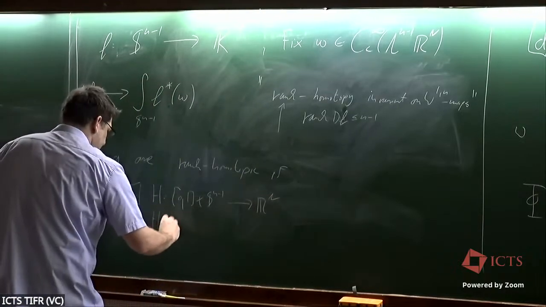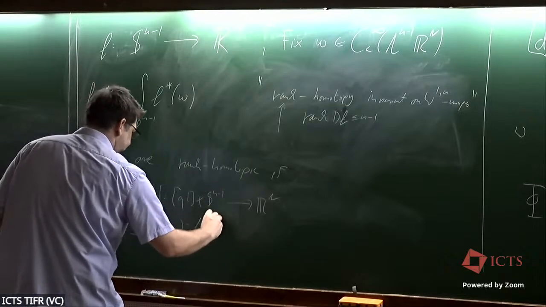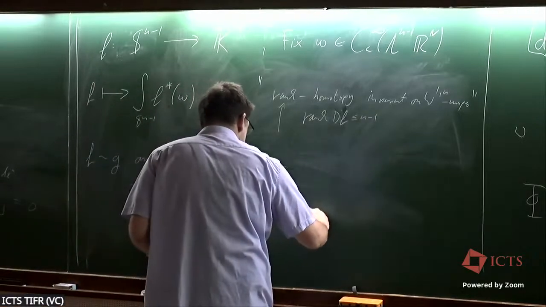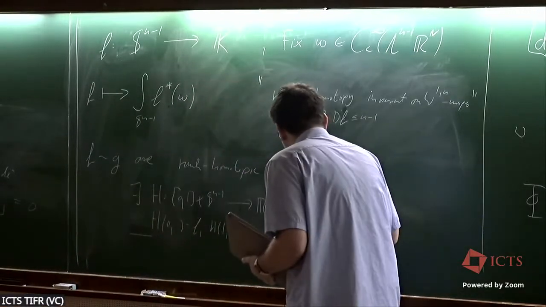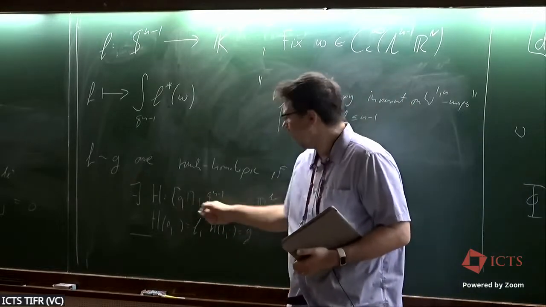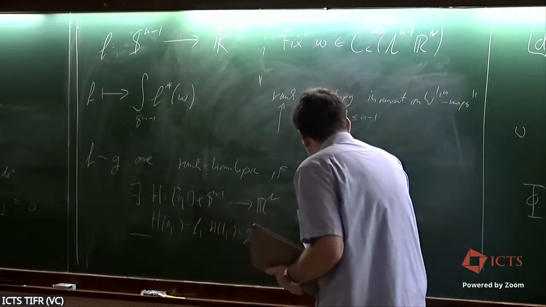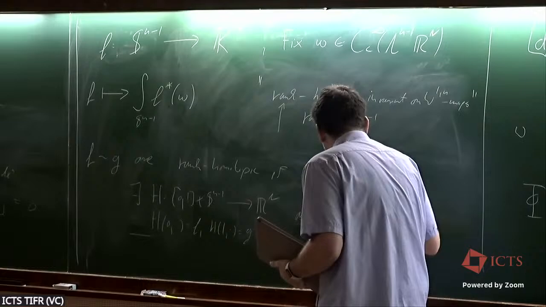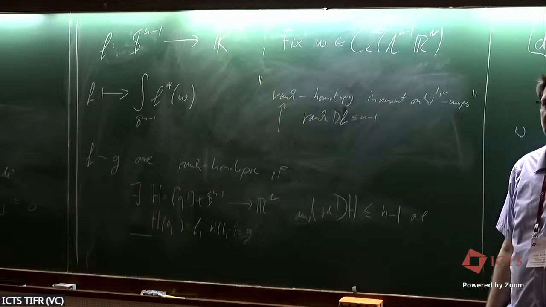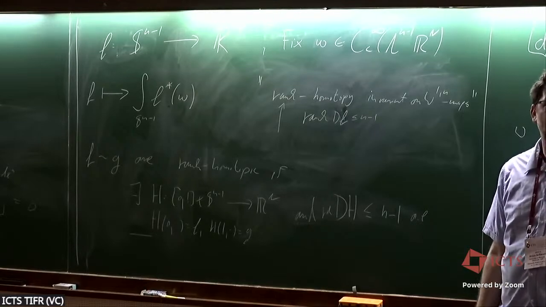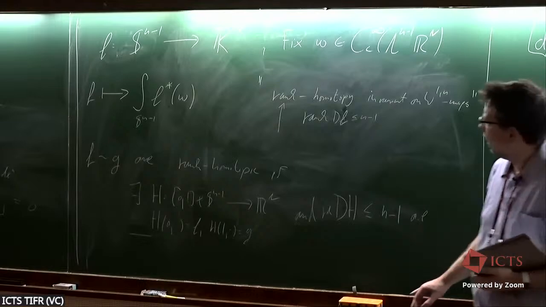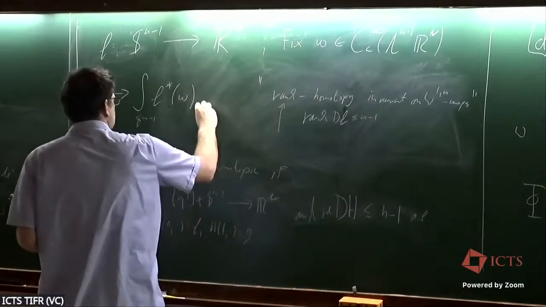H of 0 is F. H of 1 is G. And the assumption is that if we compute the derivative, the gradient of H, right, this is now on an n-dimensional domain, then the rank is less or equal than n minus 1. And this whole H is Sobolev. Okay? That's kind of a weird way of calling something homotopic, but we could. And then the statement is, then this here is homotopy invariant.